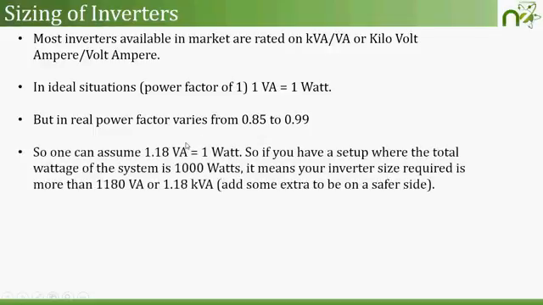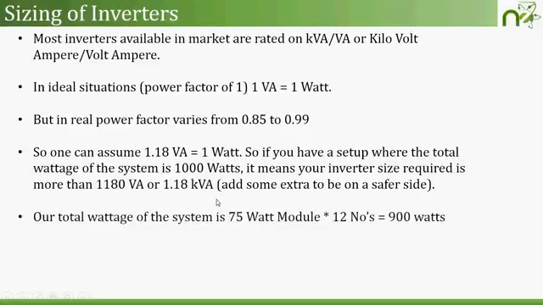But if I want to assume that 1.18 VA is 1 watt, so if I want to set up a 1000 watt solar system, I want to take up an inverter of 1180 VA, that is 1.18 kVA. In our system, we have the 75 watt modules, 12 numbers of panels.